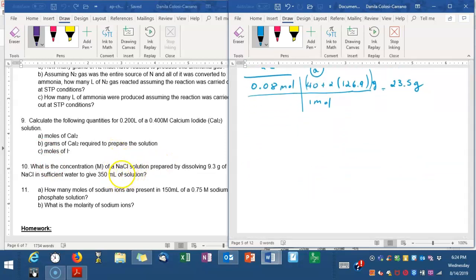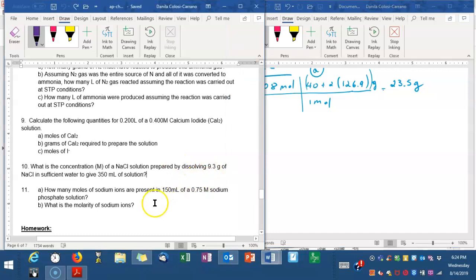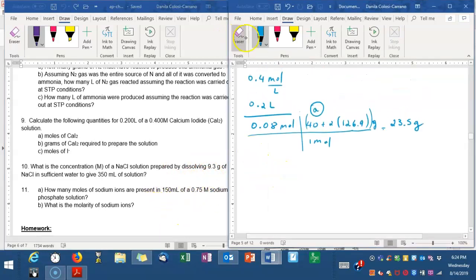What is the concentration in molarity of a sodium chloride solution prepared by dissolving 9.3 grams of sodium chloride in sufficient water to give 0.35 liters? So 9.3 grams of sodium chloride. We have to solve for moles, because molarity means moles over liters. So how many grams make up sodium chloride?